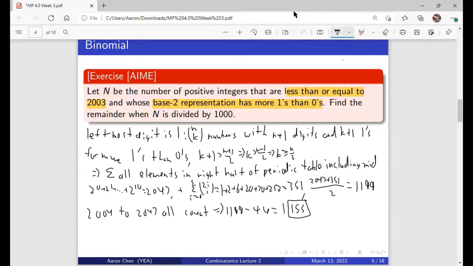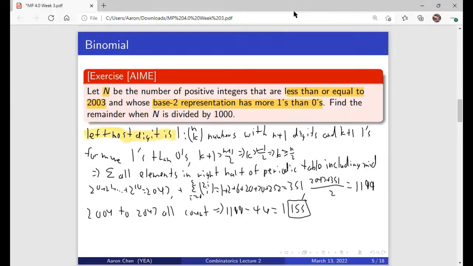All right. So first of all, the leftmost digit is clearly going to be 1 in any binary number. And I'm just going to refer to base 2 representations of numbers as just their binary form.